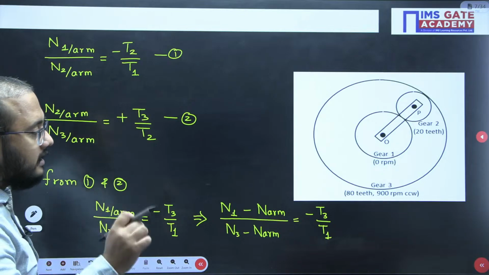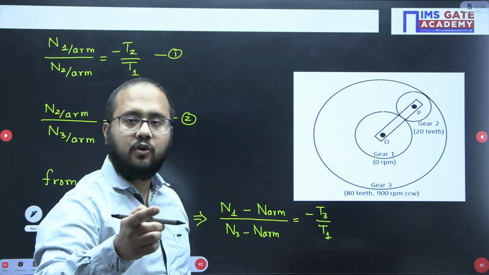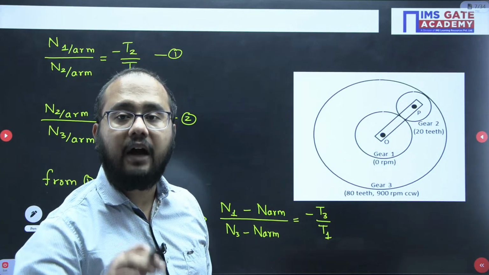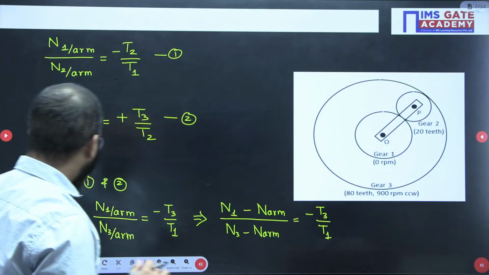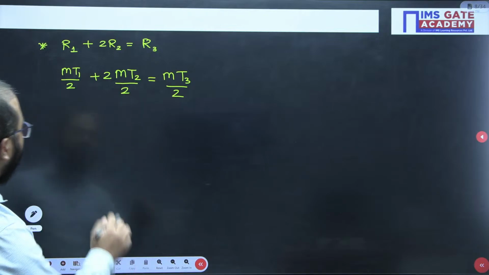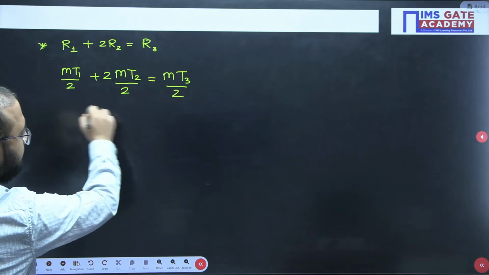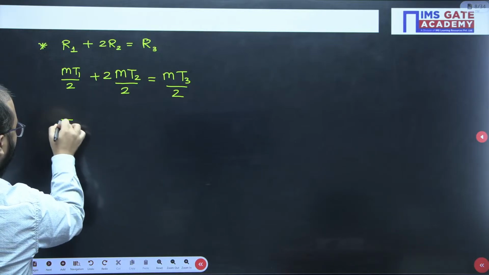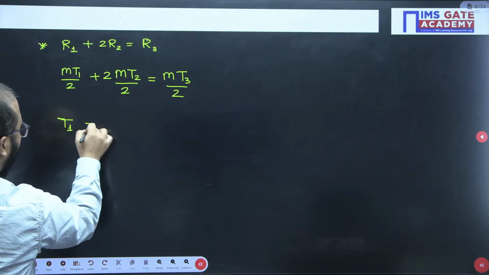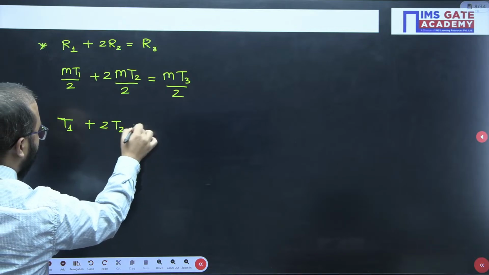Now all the gears are in meshing. 1 is meshing with 2, 2 is meshing with 3. So all will have the same module. So that module is going to cancel out here, and this 2 in the denominator will also get cancelled out. So we can write directly T1 plus twice T2 equals T3.